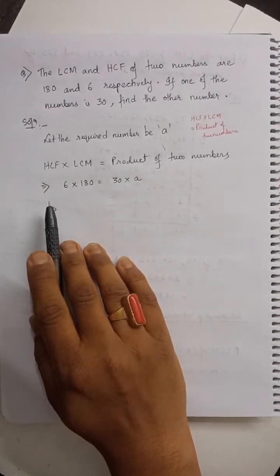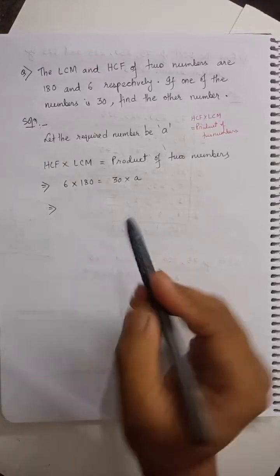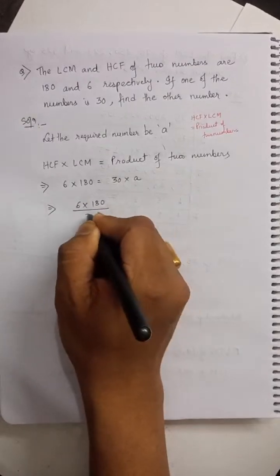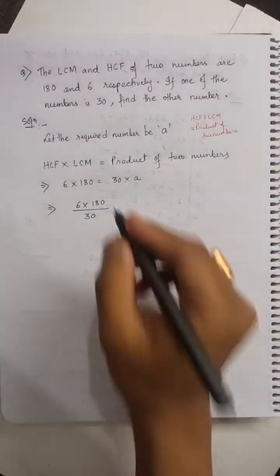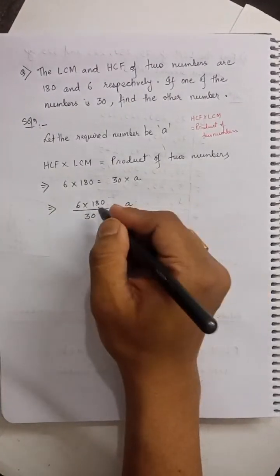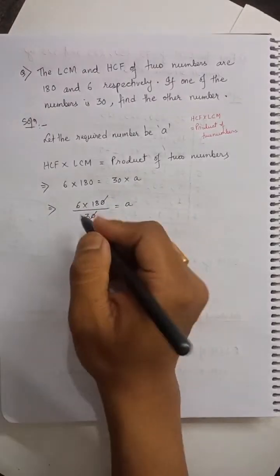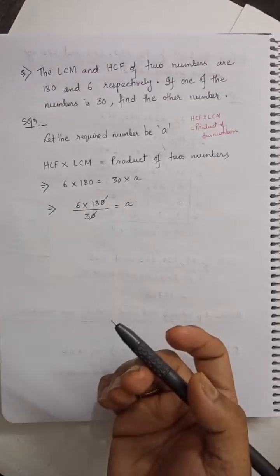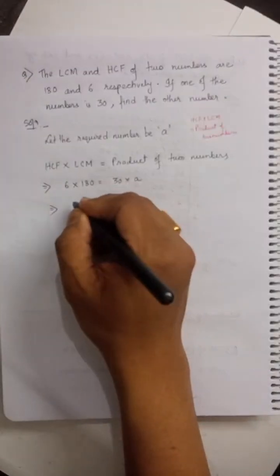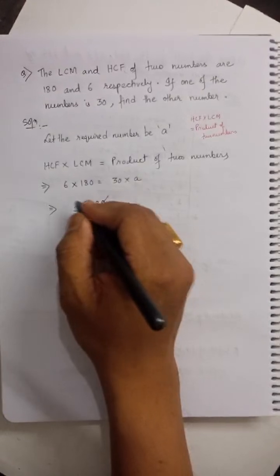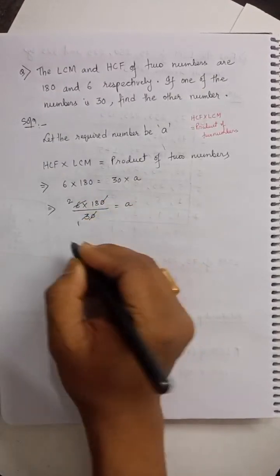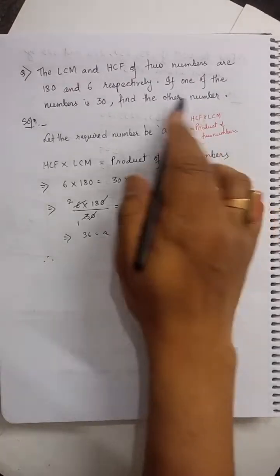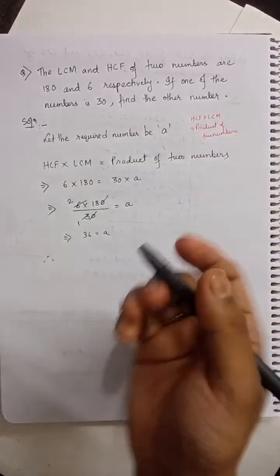So I would suggest no need to go for the multiplication, so just keep it 6 into 180 and then divide it by 30. So this 0 and 0 gets cancelled, and you can divide 18 by 3 or you can divide 6 by 3. Both numbers are divisible. So let me divide the 6. So 6 divided by 3 is 2 and 18. So 36. So that means the required number is 36.